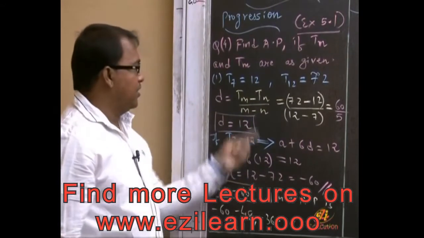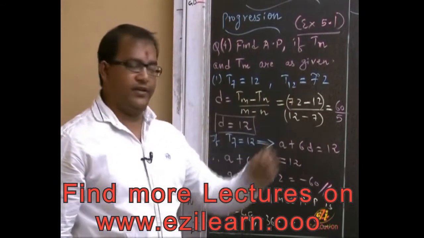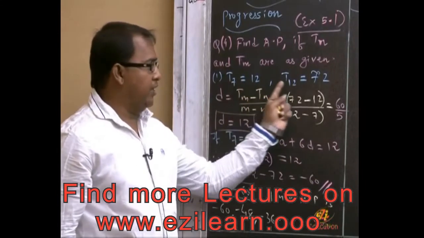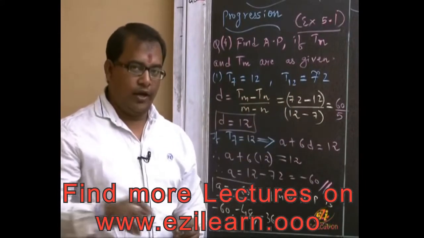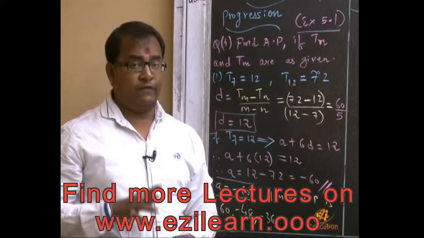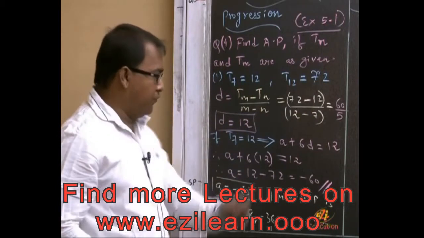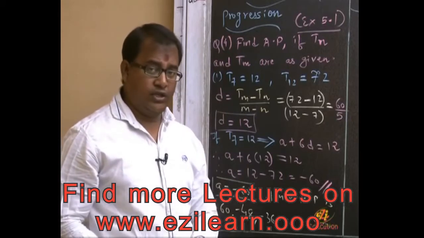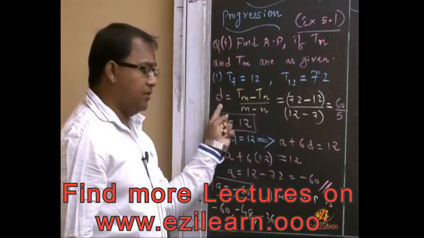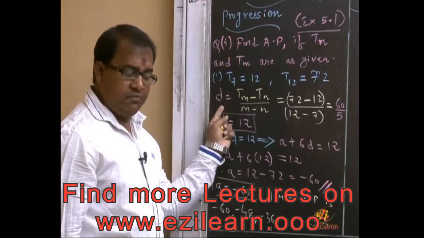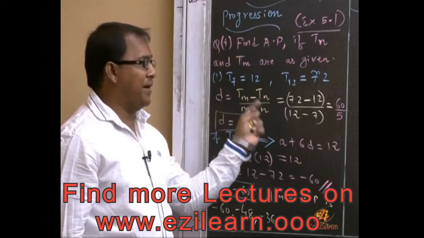Here T7 is 12, T12 is 72. Again, we need the AP. For that we need the first term A and the common difference D. We have one formula which we can use at the very first place: D, the difference between the two terms, is Tm minus Tn upon m minus n.